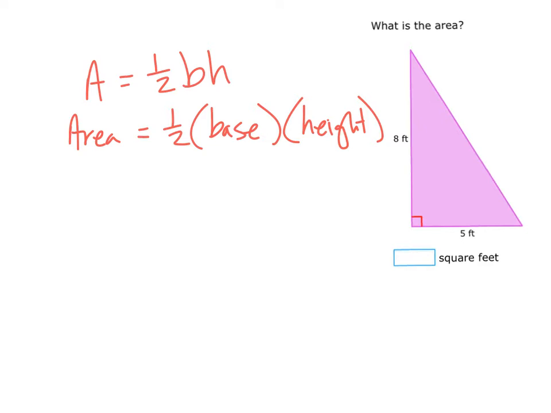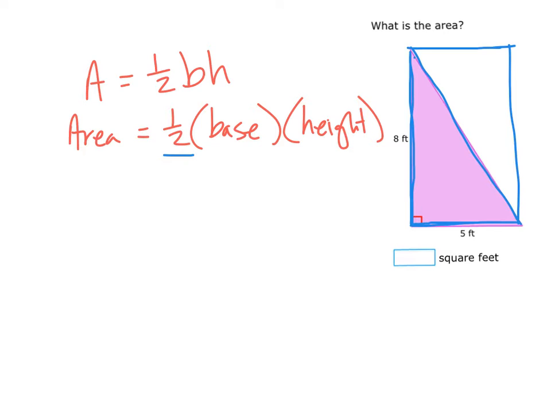Okay, if you need to write that down in your journals, please do so. So the base being this bottom part of a triangle, the height being the vertical part of the triangle. The reason we do 1/2 is because to find the area of a rectangle, you do base times height. Well, this is cut in half because it's a triangle.